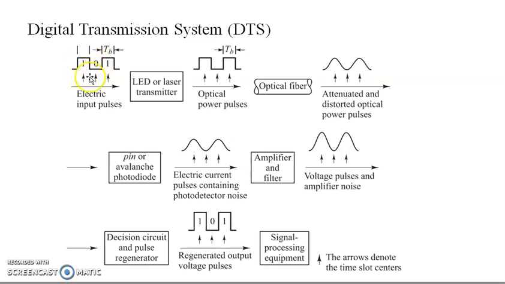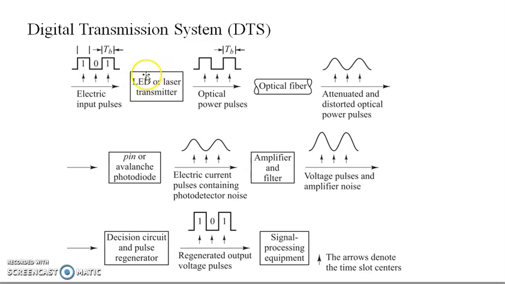So you can have binary pulses, and these binary pulses have a time slot of a short duration, the bit period T.